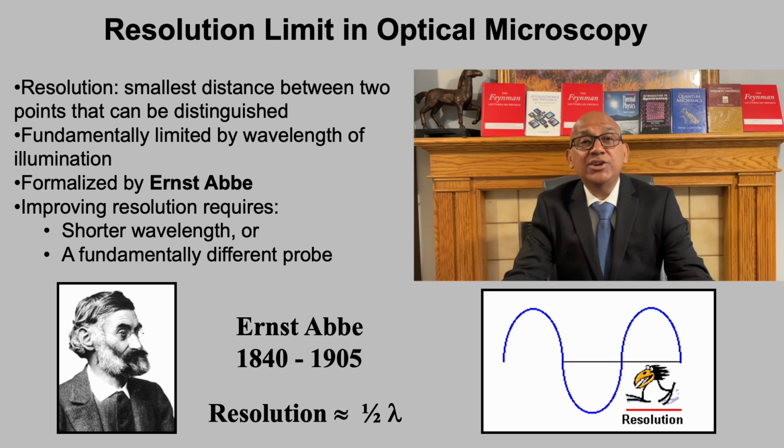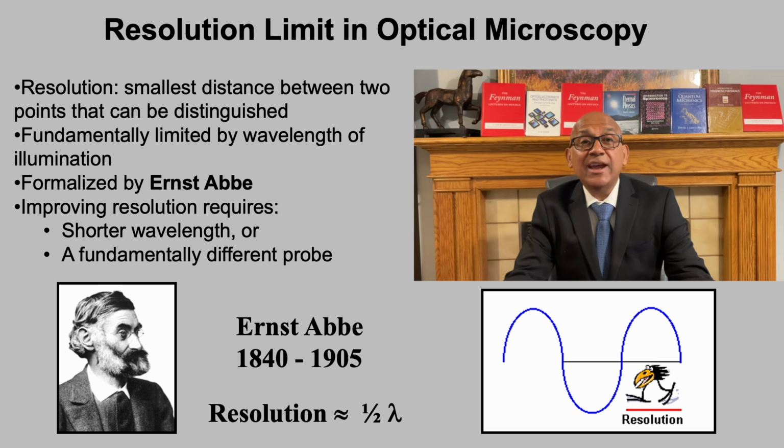The key limitation in any imaging technique is resolution: the smallest distance between 2 points that can still be distinguished as separate. In optical microscopy, this limitation was formalized by Ernst Abbe, who showed that resolution is fundamentally tied to the wavelength of the illumination.